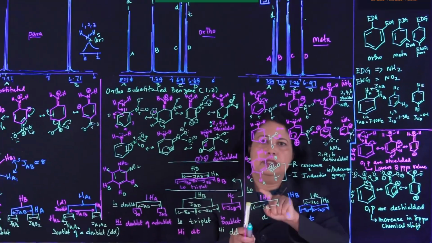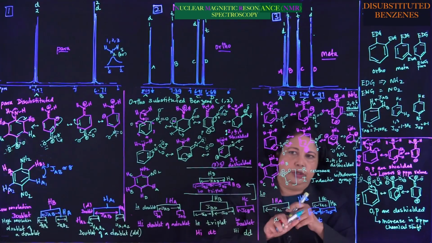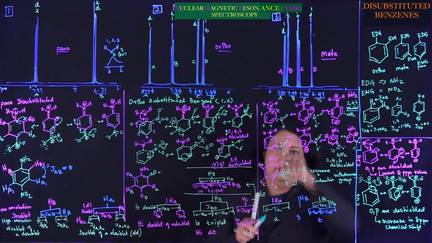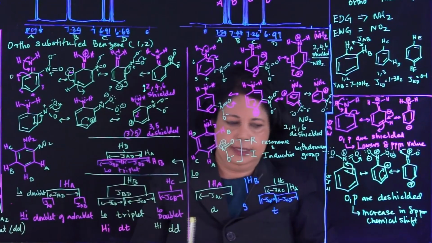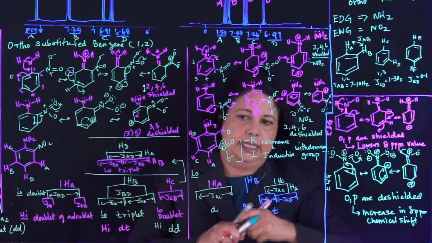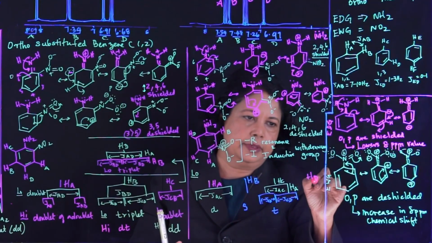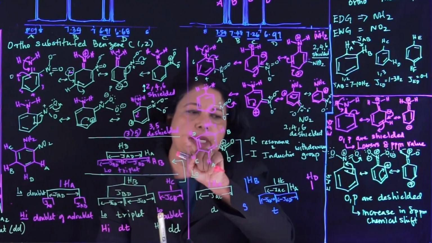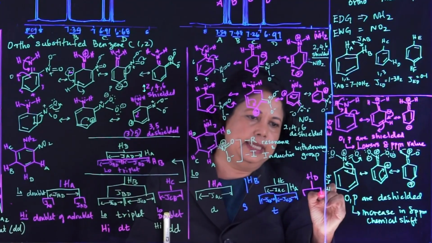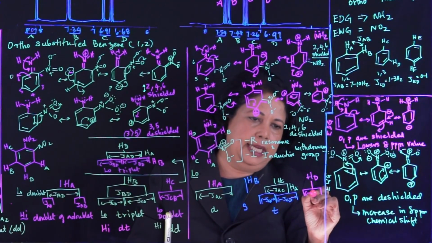D is in a very similar situation here to all the other ortho protons here. Let's look at D. And if you take HD, there's a neighbor here right next door, which is HC. So it can have a JCD coupling here, and that would be a doublet.